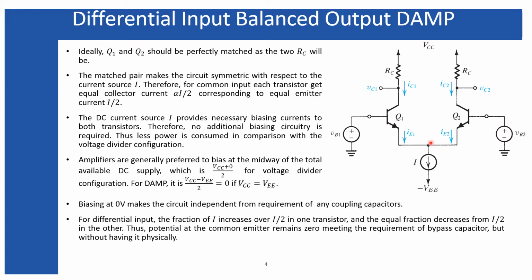So the purpose of the bypass capacitor is also being served here, as the current in one transistor gets increased and the current in the other gets decreased by the same amount when you apply the differential input, or the AC input, instead of the common mode input. That is why the bypass capacitor can be avoided here.